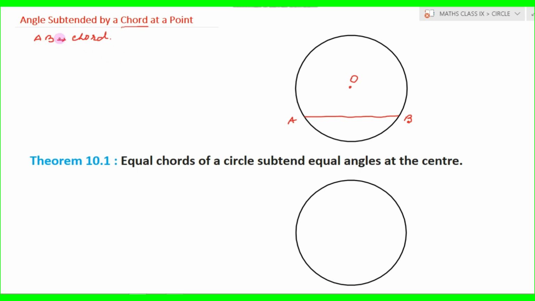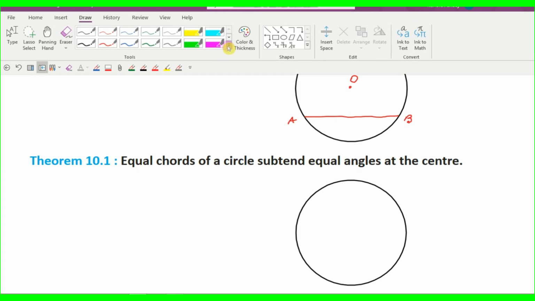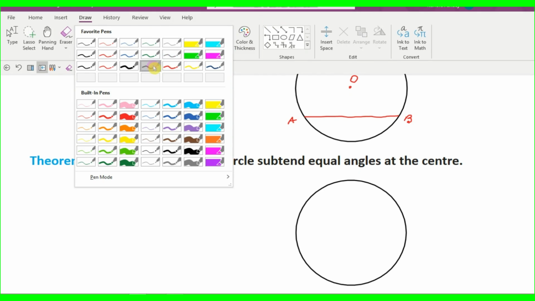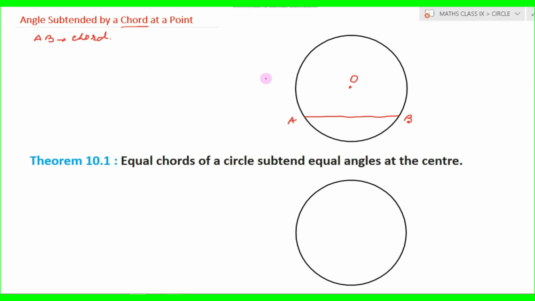Now most important, we have to think about the word subtended. What is the meaning of subtended? The angle subtended by a chord at a point. So let me take a point on this circle.